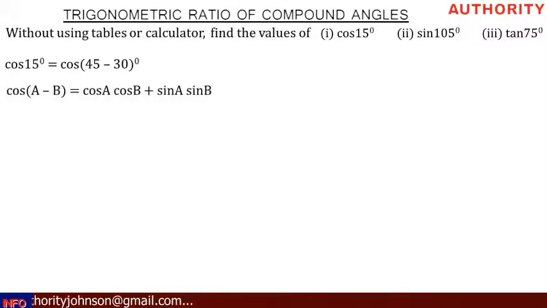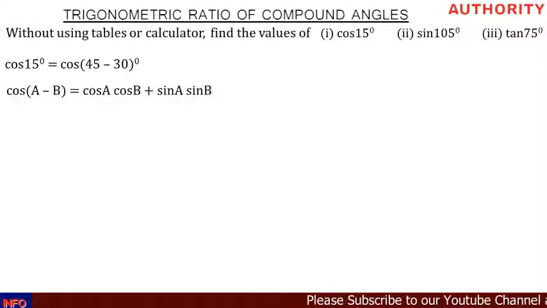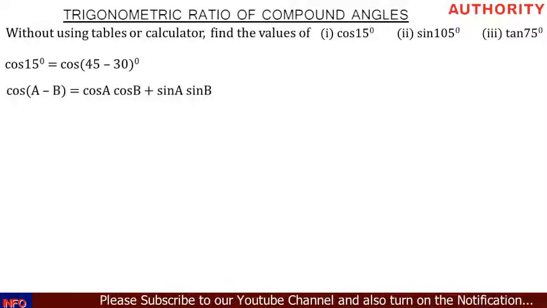Now, you discover that cos of 45 degrees minus 30 degrees is the same as cos of A minus B. Let's take 45 degrees to be our A and 30 degrees to be our B. That means cos A cos B plus sine A sine B, where A is 45 degrees and B is 30 degrees.